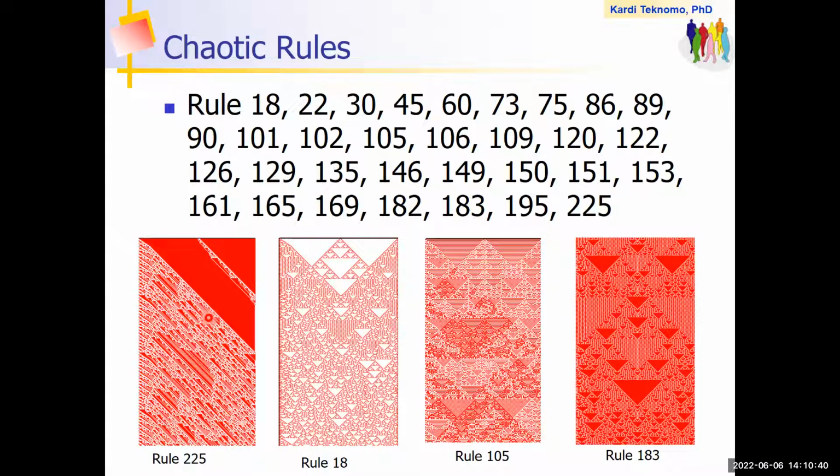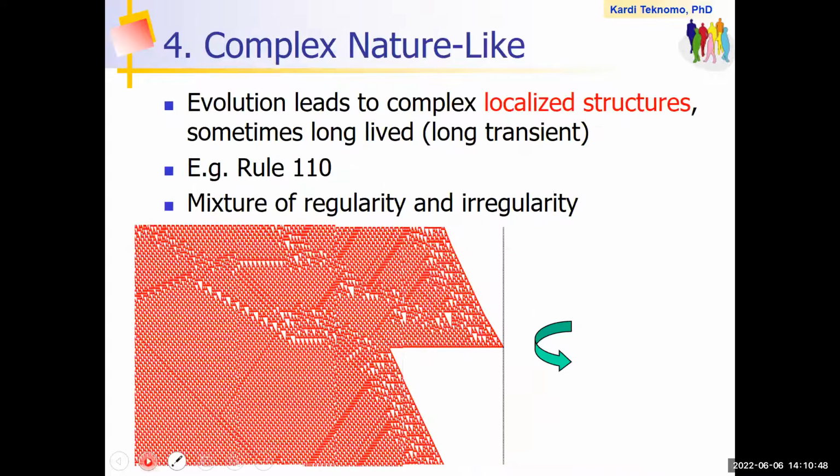And you can see the examples of chaotic rules in CA. 1D CA, this is one of the simple CA. And these are examples of complex. I just reversed because it's too long. So rule 110 is complex. There is some kind of localized structure.